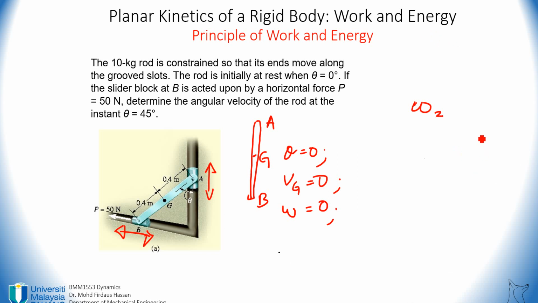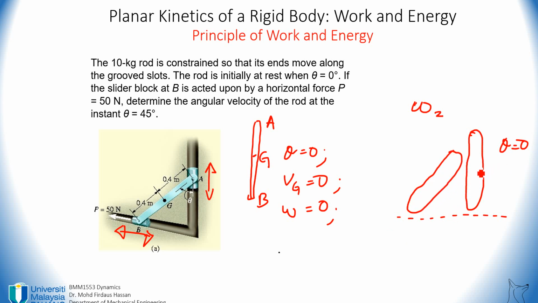Initially it is at rest when theta is 0. So this is the groove slot B. At one time it becomes like this, 45 degree. This is your G at the beginning, half of the length of the rod. This one is 0.4. This one also 0.4 meters.